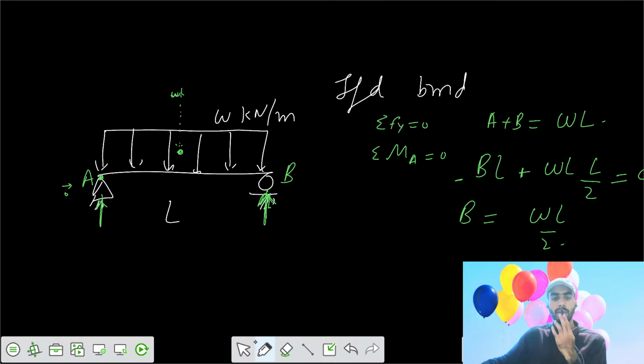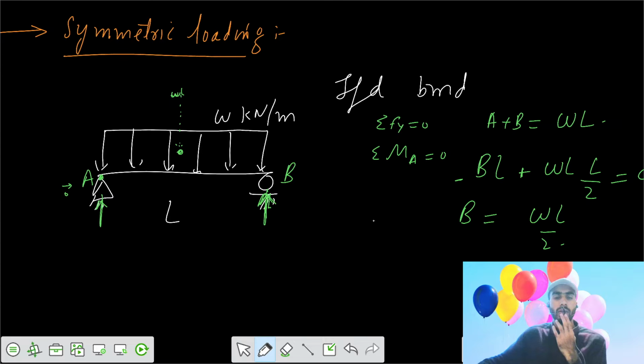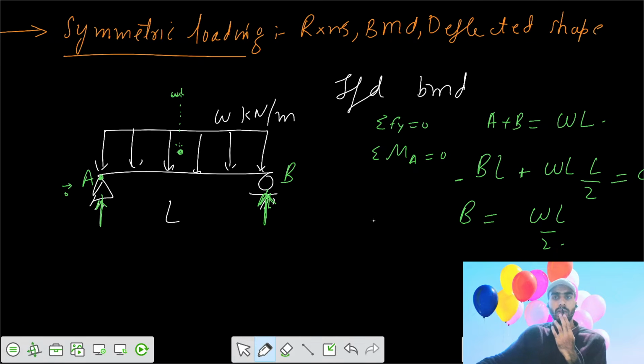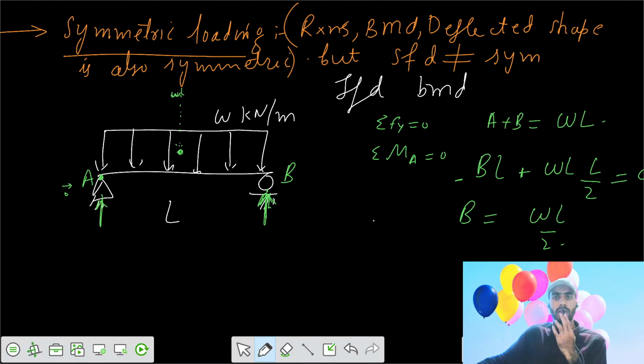We have the concept that if you have a symmetric loading, the reactions, the bending moment diagram, and the deflected shape are also symmetric, but the shear force diagram is not symmetric.